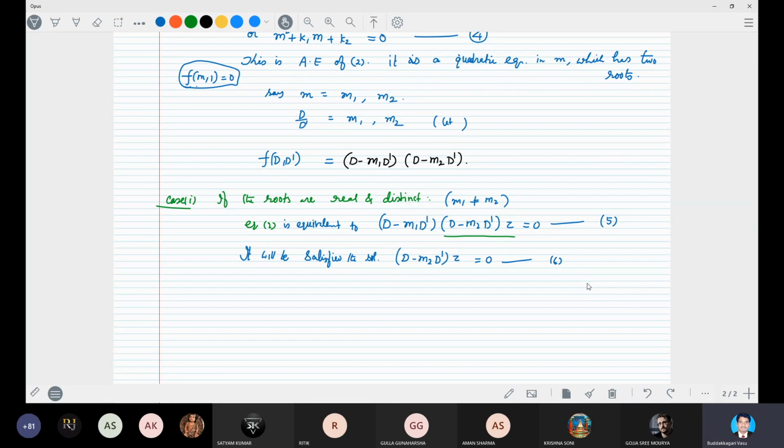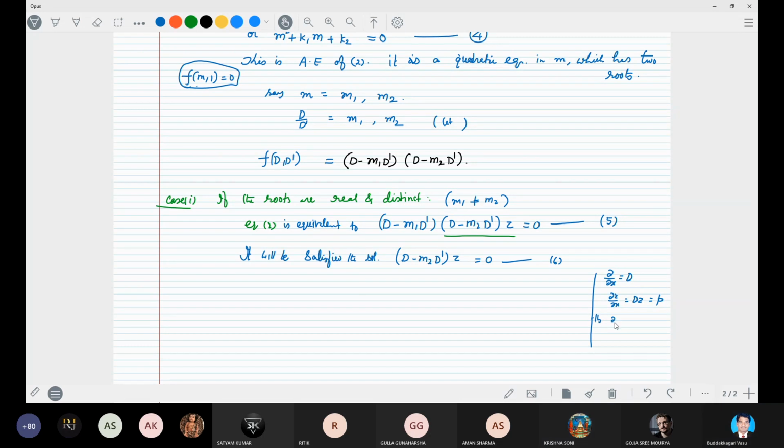Here one must be very clear that ∂/∂x is equal to D. Therefore ∂z/∂x is equal to D z, that is equal to p, right?